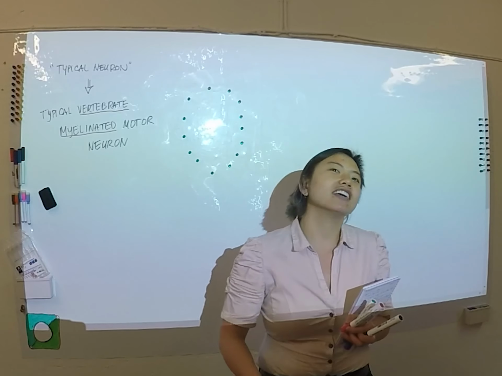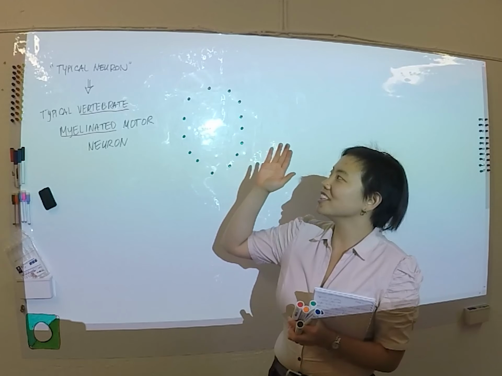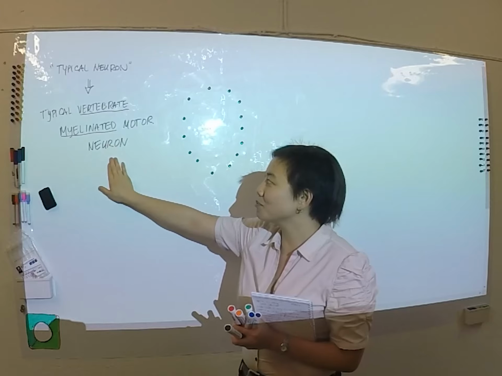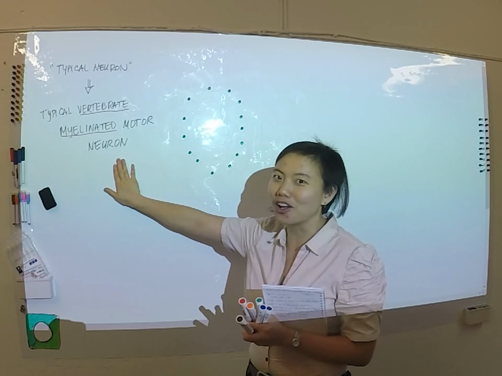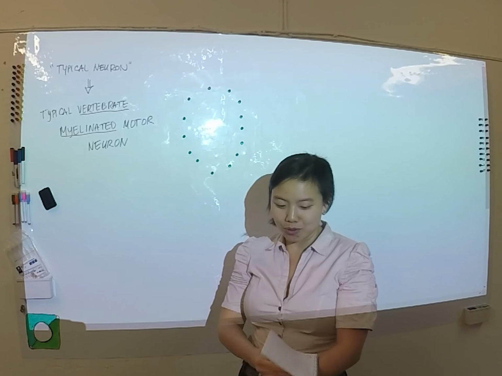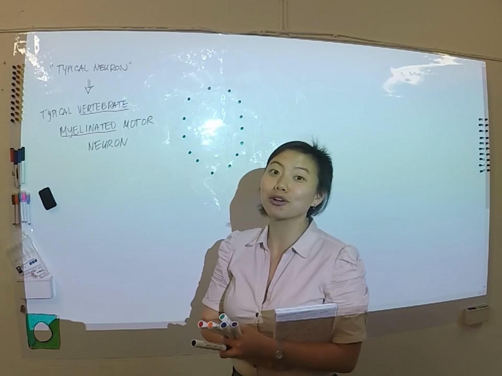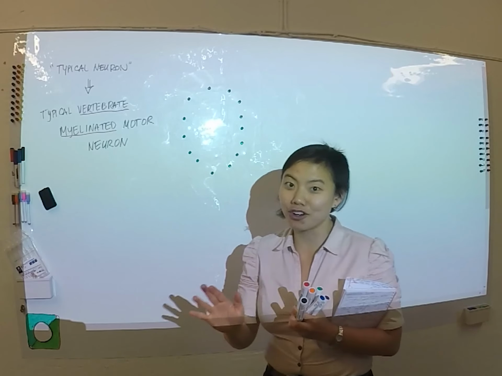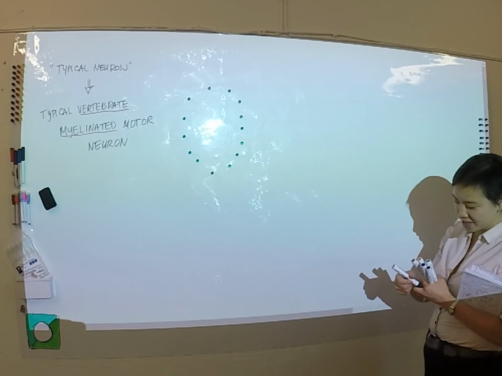And so that's why in most neuroscience textbooks, you will see a typical neuron that is actually a typical vertebrate myelinated motor neuron. Okay? All right. So we are going to draw this typical vertebrate myelinated motor neuron in order to get some basic anatomy parts of the neuron. Okay? So let's draw this.